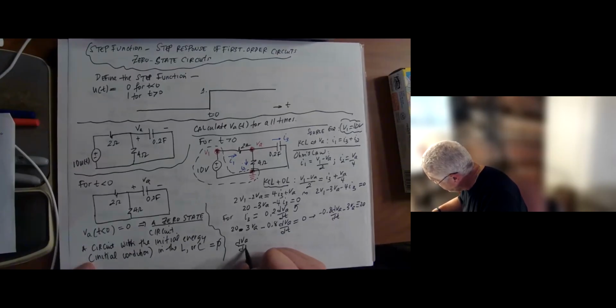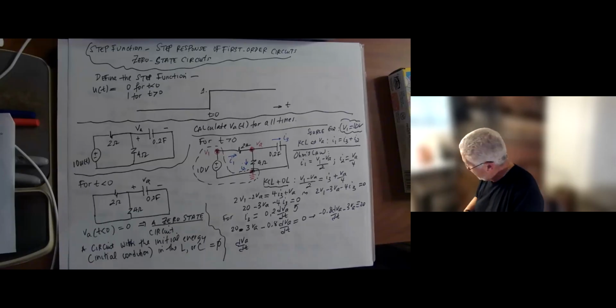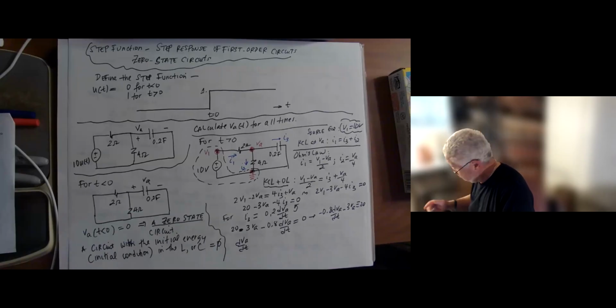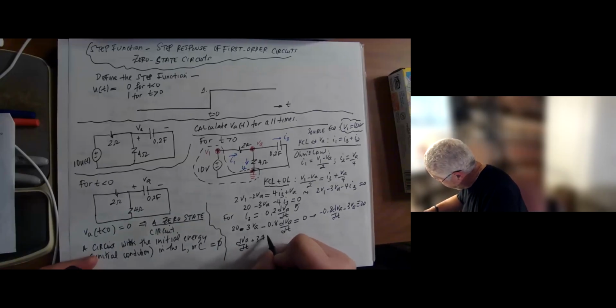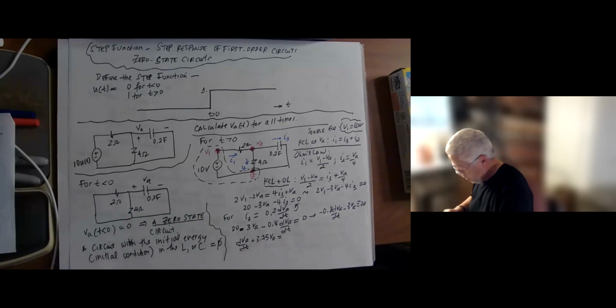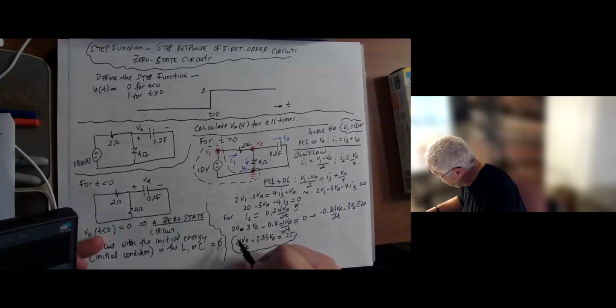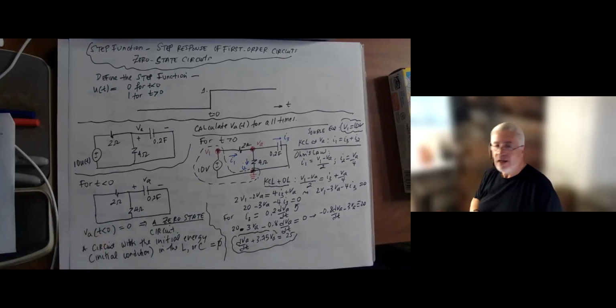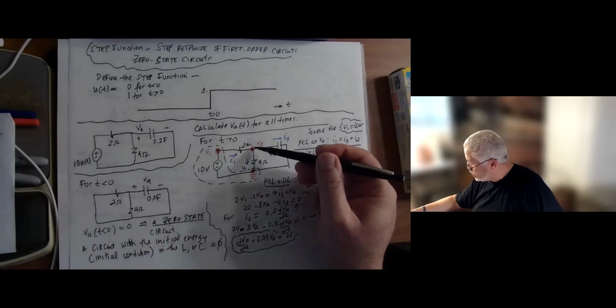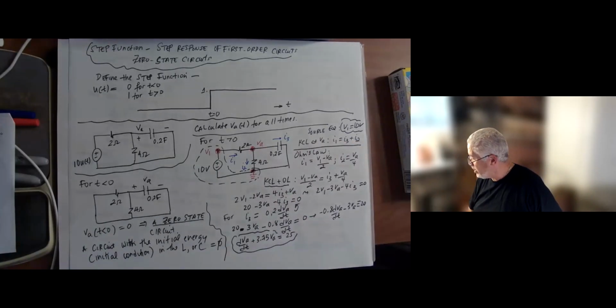We get dVA/dt plus 3.75 VA equals 25. So this is the differential equation that we have for t greater than 0, solving this two-node problem here, one being essentially a source equation.